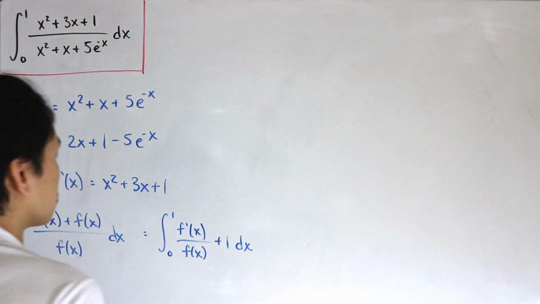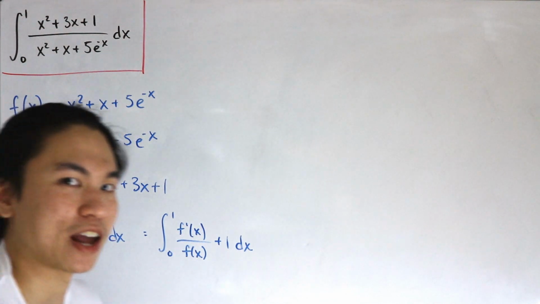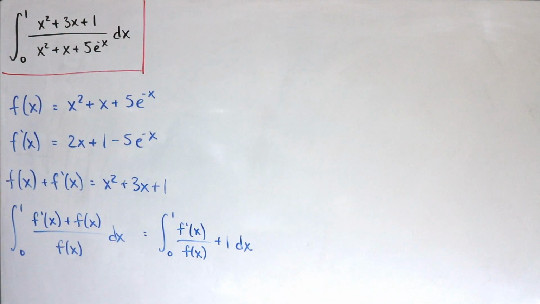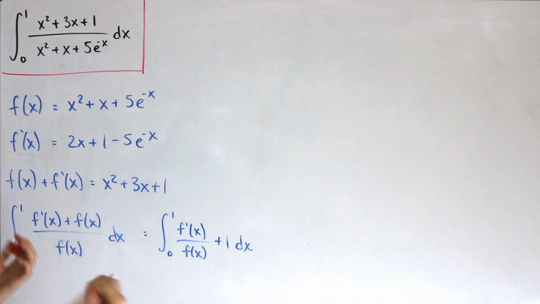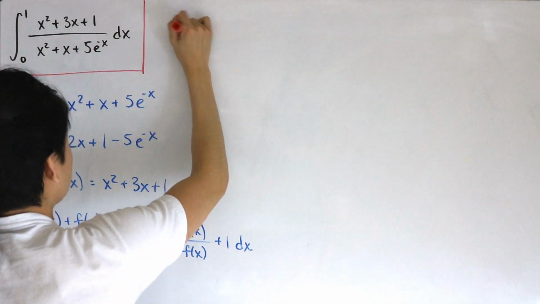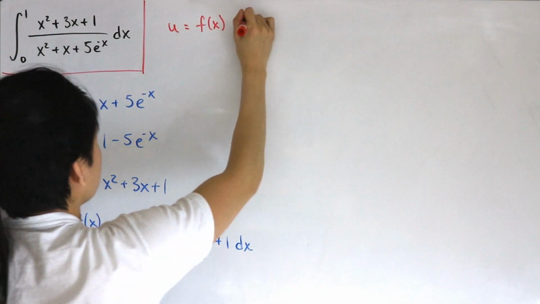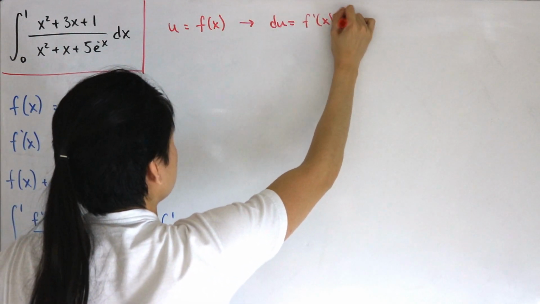For f prime of x divided by f of x, we can do a u-substitution that makes things a lot easier. We just let u equal f of x, and du is simply f prime of x dx.